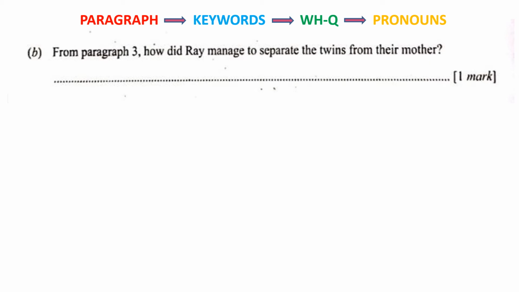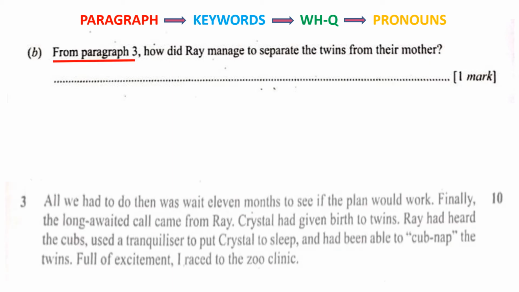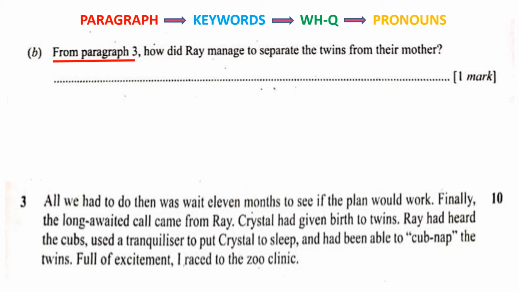From paragraph 3, meaning the answer must be found in paragraph 3. So let's look at the keywords. How did Ray manage to separate the twins from their mother? The main focus here is the twins, right? Twins. So let's find the word twins in the text.